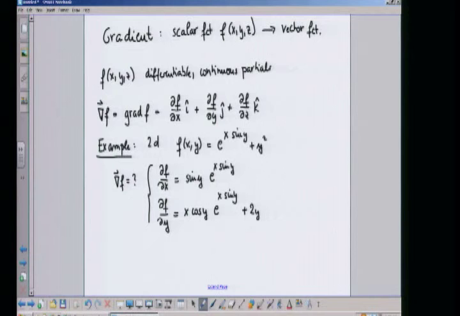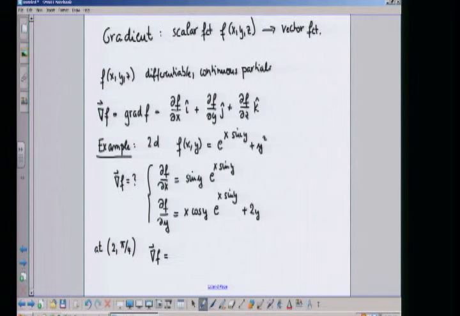You plug them into the definition, you get the gradient, and sometimes we like to calculate the gradient at a particular point, right? So let's pick the point (2, pi over 4). So this means x is 2, y is pi over 4, right? Then we can write down the gradient of f as df dx evaluated at this point.